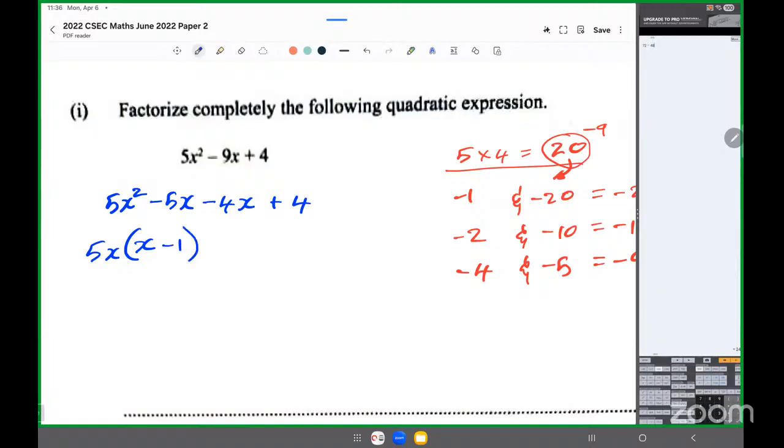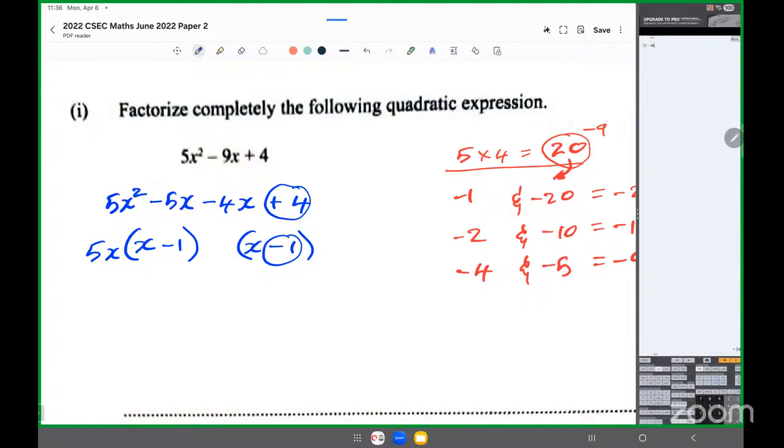The same thing to do is put the same thing in the bracket over here, the x minus 1. You want the same thing in the bracket when you factorize these two. So I'm going to put back the x minus 1 in the bracket. Then in between here has to be a plus value or a minus value, not just a value. Plus some value or minus some value. How do you know that value? I can divide this positive 4 by this -1.